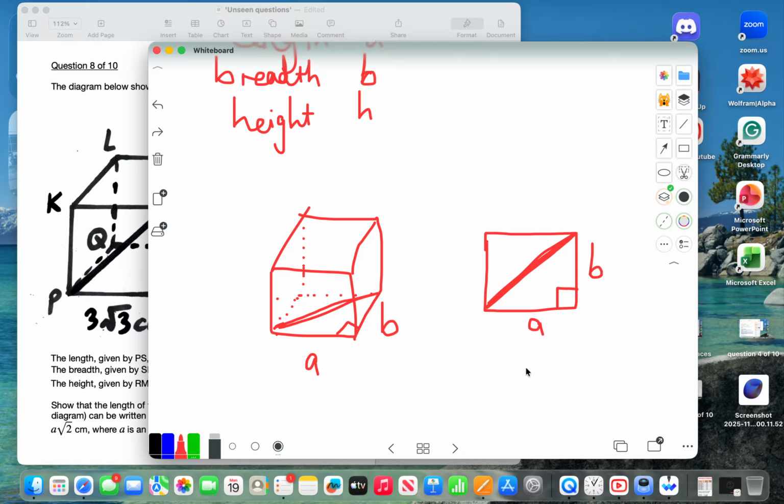You just use Pythagoras, call this C, so C equals the square root of A squared plus B squared.